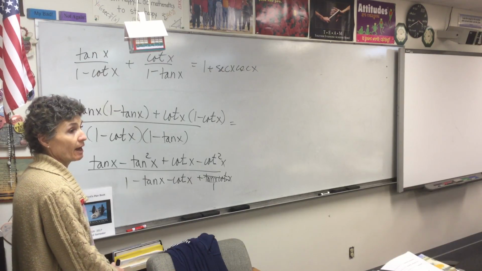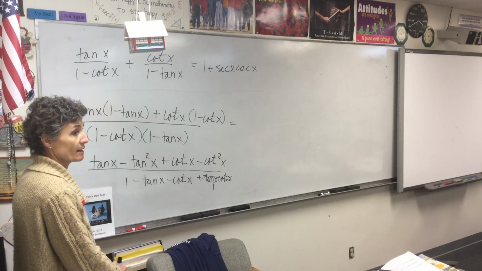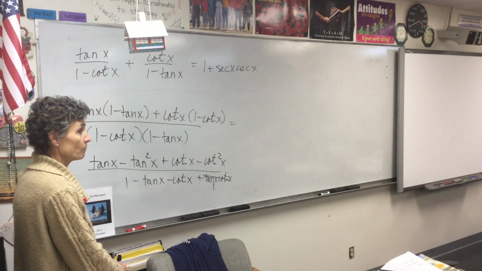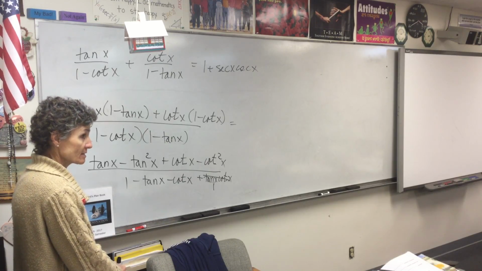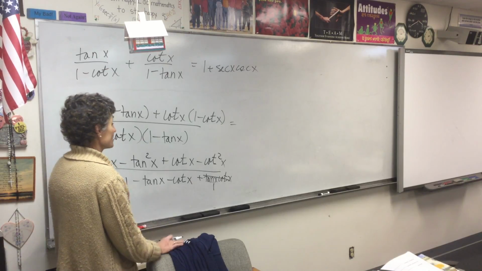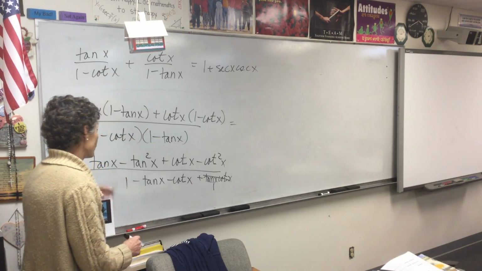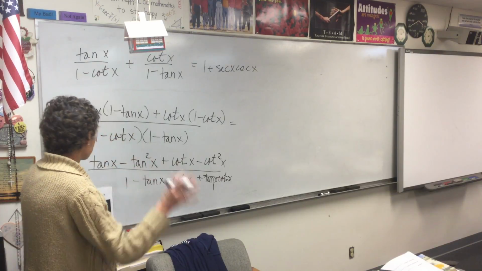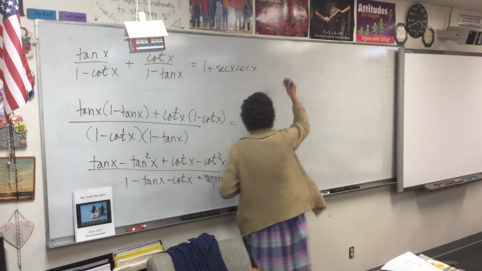So I think I'm going to change it all into sines and cosines, and hopefully something will cancel. Now, I probably personally would have done that in the beginning, but we didn't. And it makes sense, but now we got this mess we have to deal with.